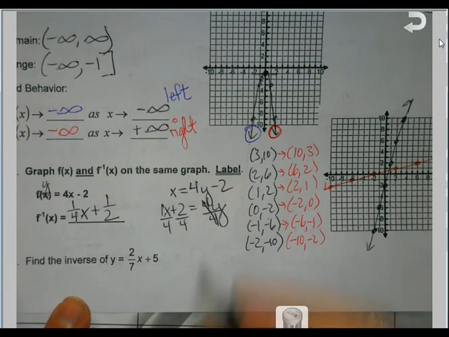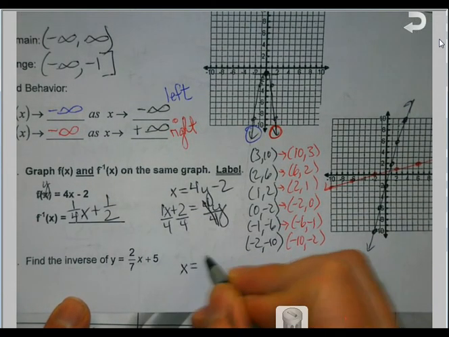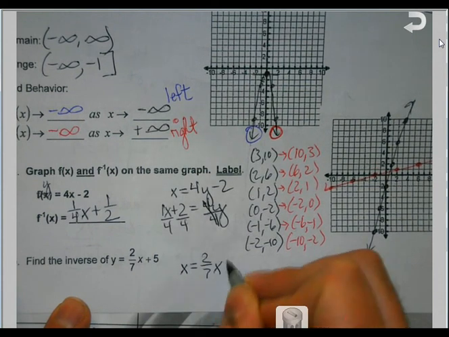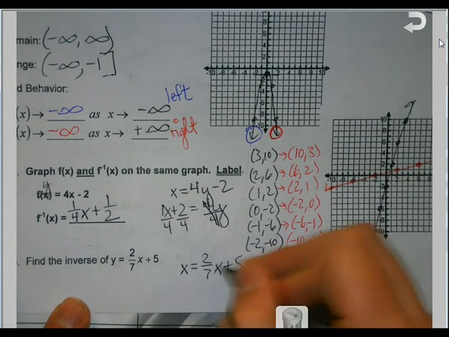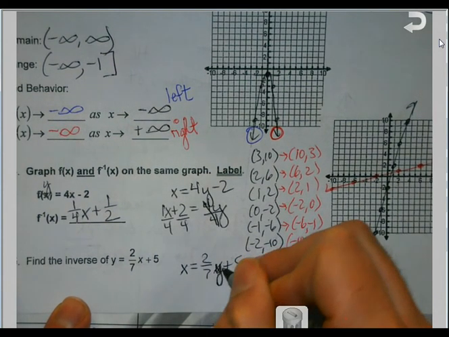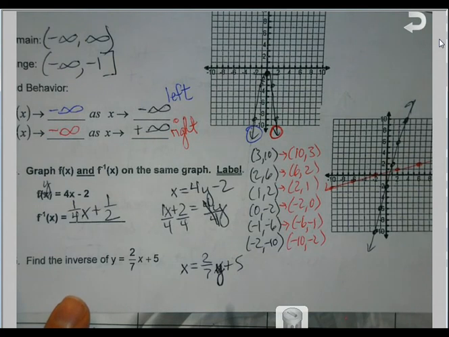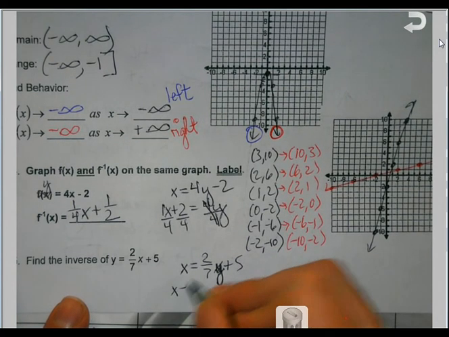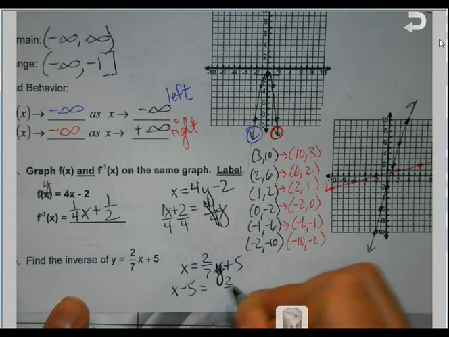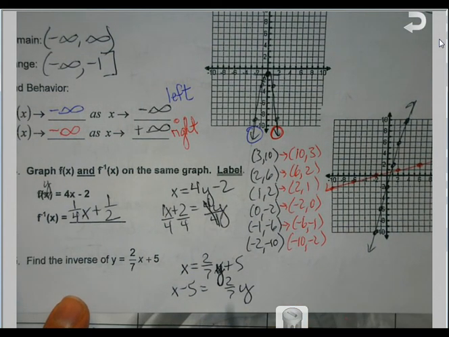And then finally, one more inverse. Find the inverse of this. Switch my x and y. Except that actually has to be a y if I want it to be y. That would be important. Minus my 5 on over. And again, this is just me.